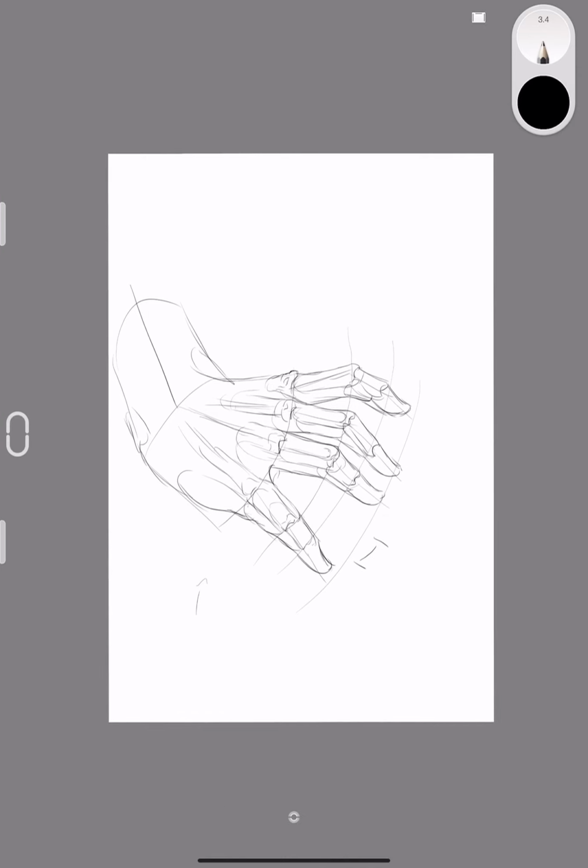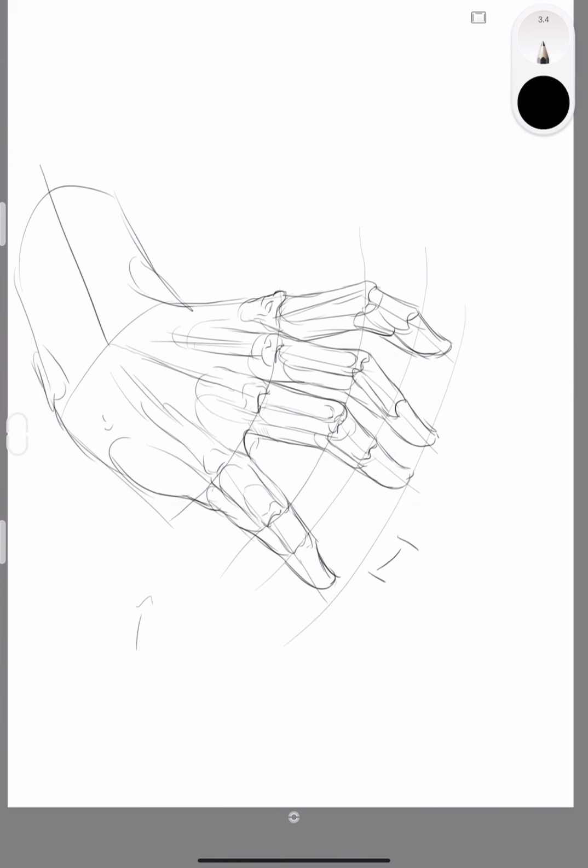Now, what you will then later start to do is build up tonal value, and to show you what the actual tonal values would be and why we indicate these lines, for example, pulling around. Keeping the same consistency with my pencil that I have here, you would start to look at where your tonal values are, seeing edges of the fingers a little bit rounder, a little bit darker on the edges, and this gives you an indication already where to start to place your estimate of tonal values.